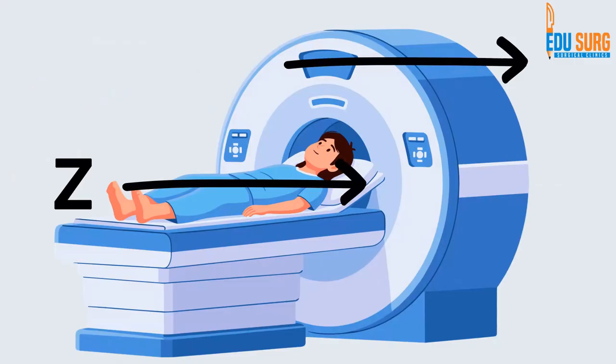So MRI, I hope that is clear now. Just to show in our diagram, remember that everything is done in three axes. The Z axis is along the patient. The X and Y are perpendicular to the patient. So the z-axis is actually the axis of the baseline magnet.